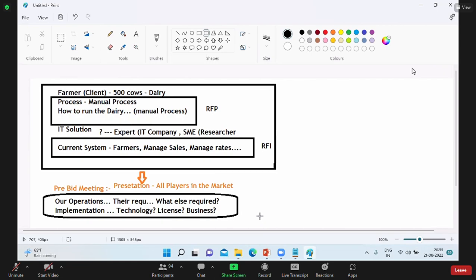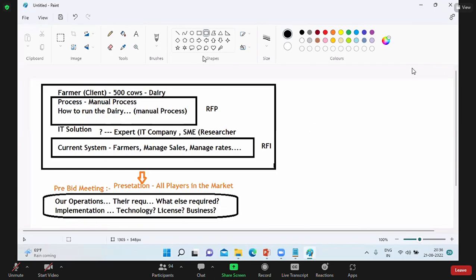Because all these are going to be part of the existing project proposal. And now who is going to take a call? Is it a one-time installation or is it maintenance? All of those are going to be decided here.